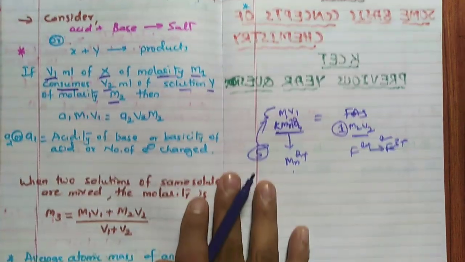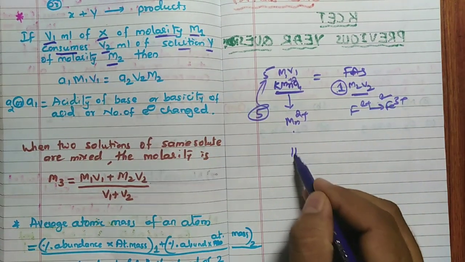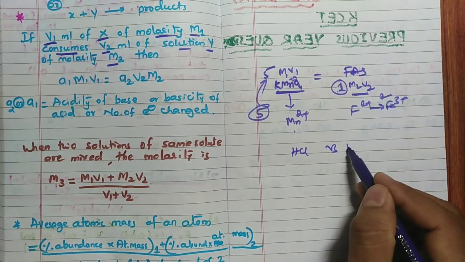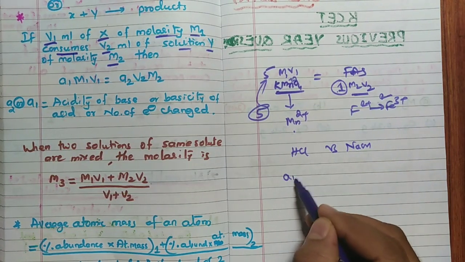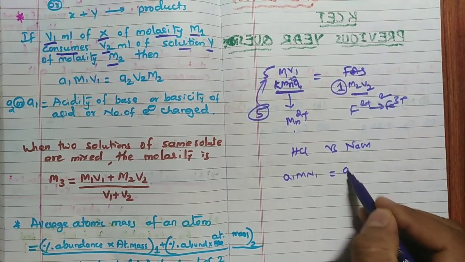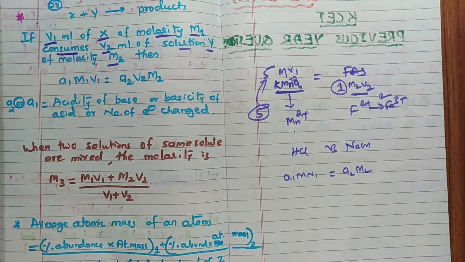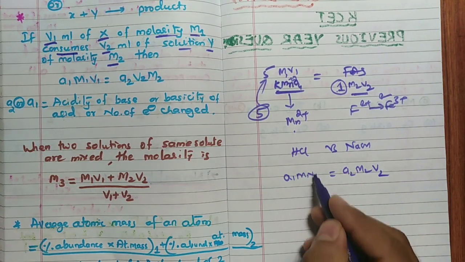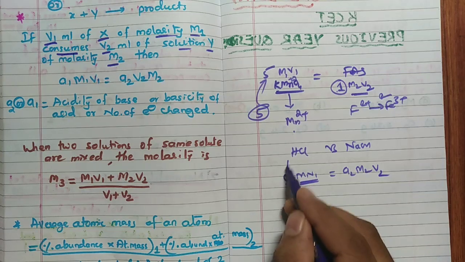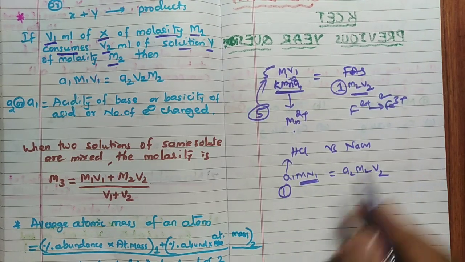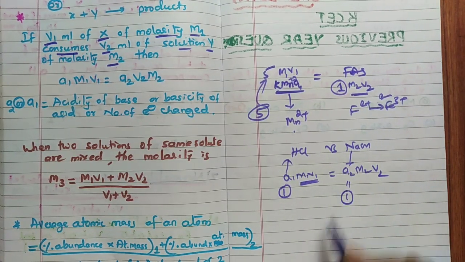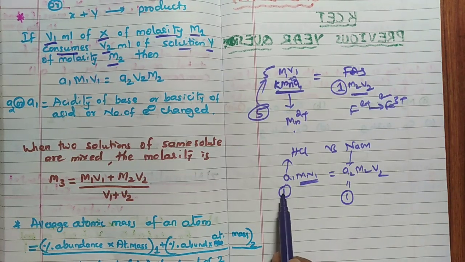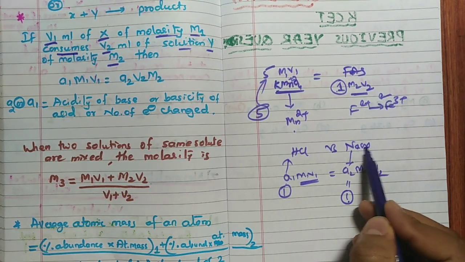Similarly, if you remember last year's first PUC titration, HCl against NaOH, A1 M1 V1 equals A2 M2 V2 or B2 M2 V2 depending on the case. There you have considered A1 as 1, and for NaOH A2 as 1, because the acidity of the base is 1, one OH is there.